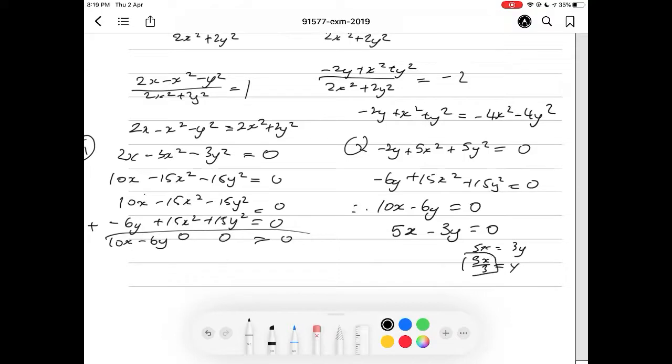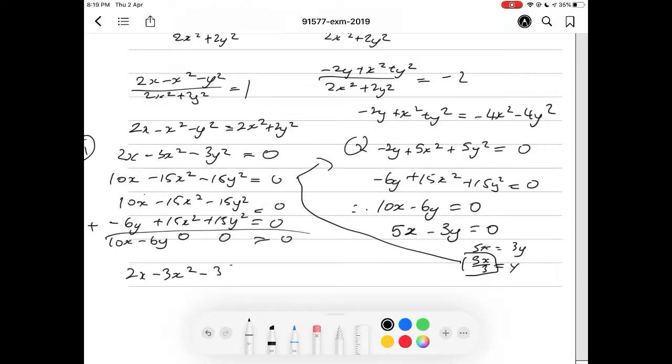Alright, so now that we have this equation, we can substitute this term back into either equation 2 or equation 1. Sorry about the background noise by the way, just ignore it. Let's do equation 1. So we say 2x − 3x² − 3y², but in this case y equals 5x over 3.